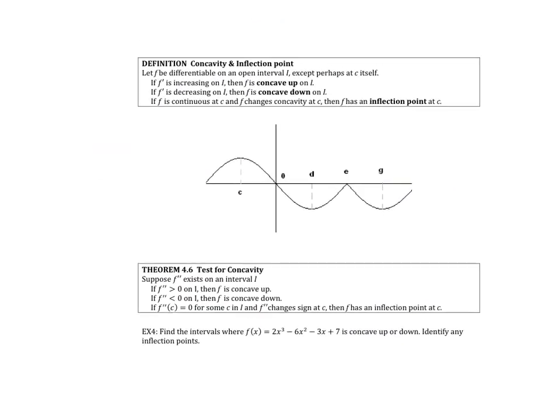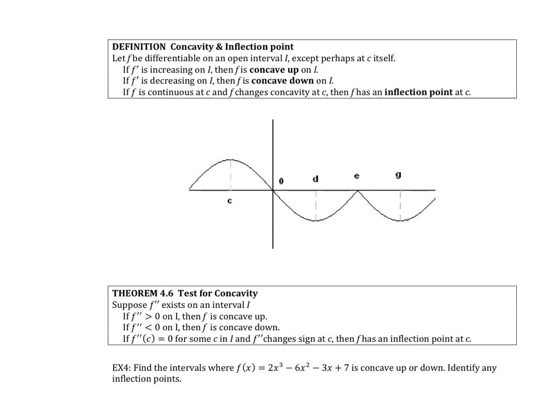So this would be the definition of concavity. And we're actually not going to use this definition, but we should talk about the definition. When we figure out concavity, we're going to do something else.